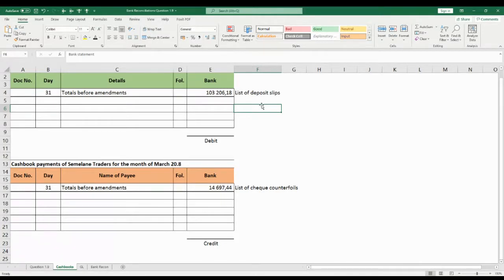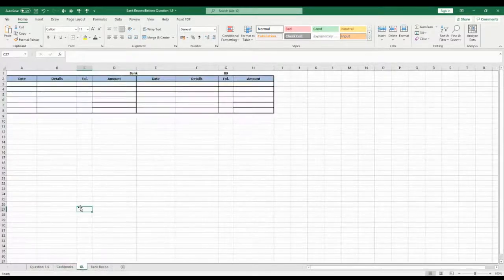Then let's quickly see what other information we can use. Remember, on your bank reconciliation statement, we reconcile your bank statement balance to your bank account balance. Because it's the previous month, we would already know what the opening balance for our general ledger account is.